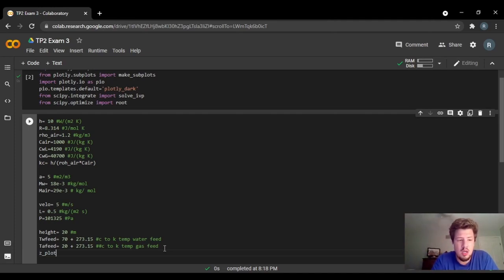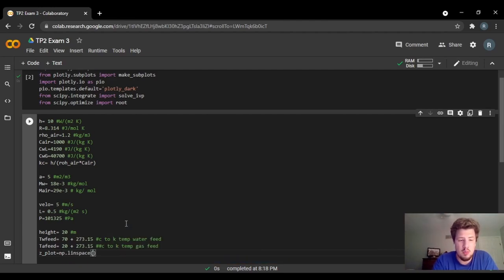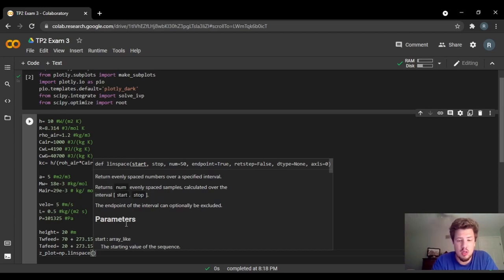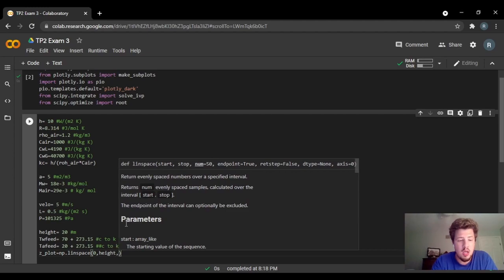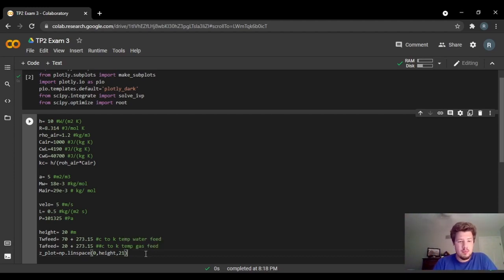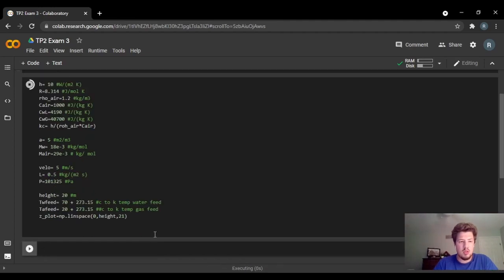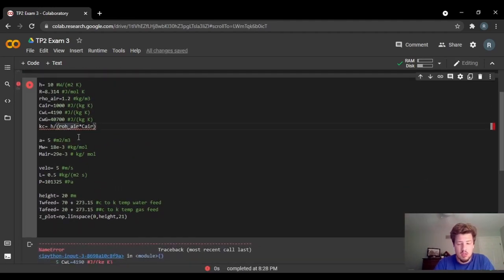That will be z is equal to np.linspace, and then we want it to start at 0, go up to the height of the cooling tower, and have 21 equally spaced values from 0 to 20. And then we should be all good on that. Oh, it would be nice if I spelled rho right.